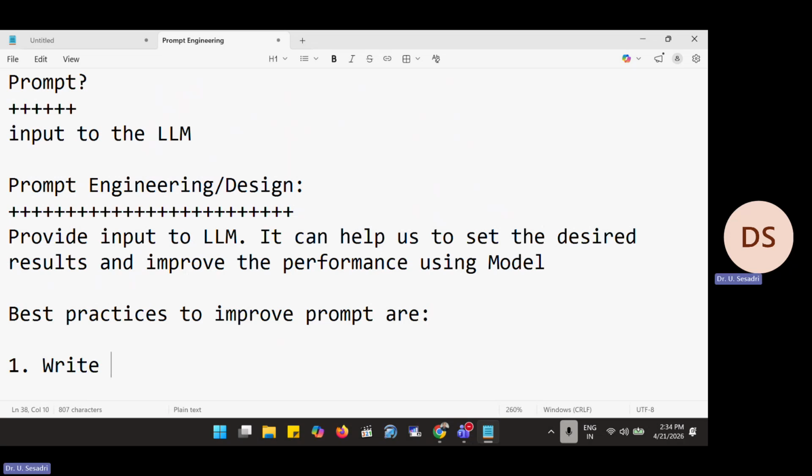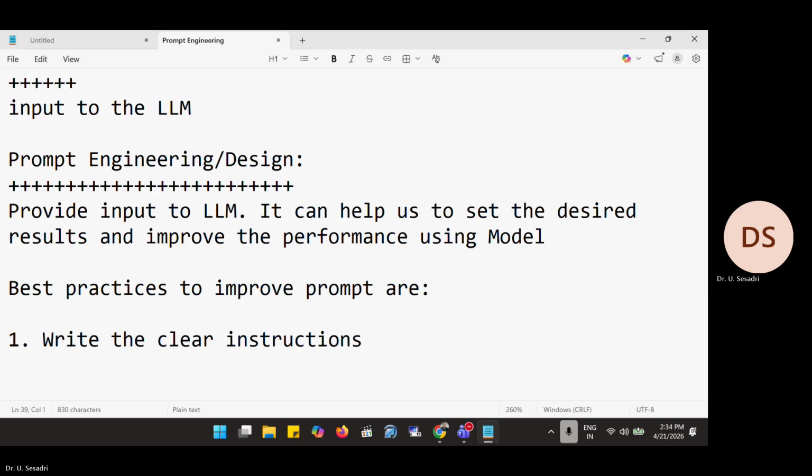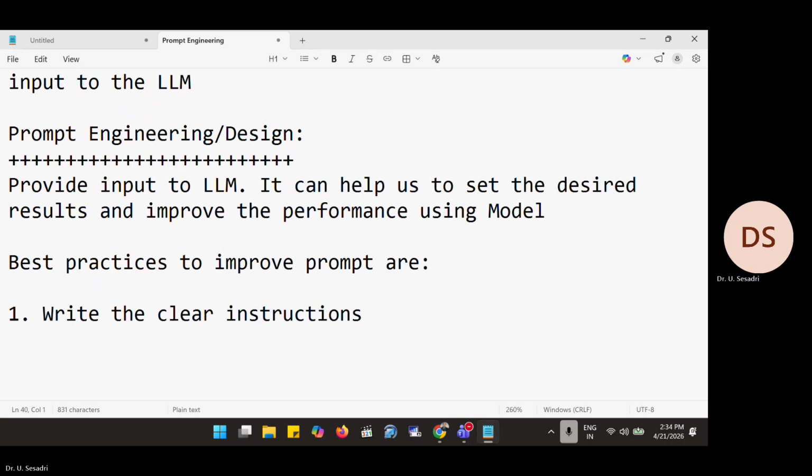We have to write the instructions very clearly. Second, we have to specify the detail; be specific and detailed. Third is few-shot or zero-shot learning.